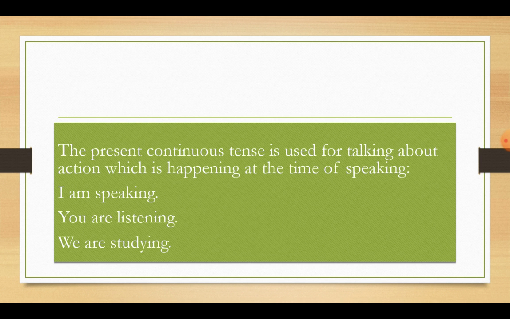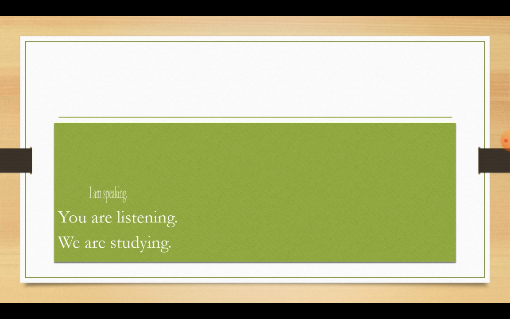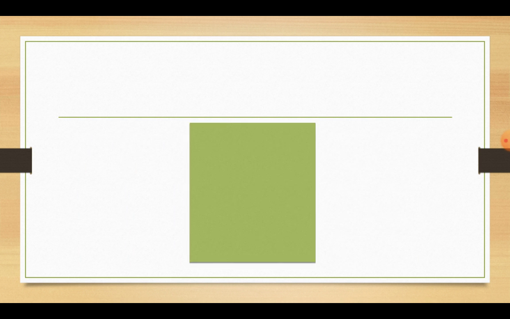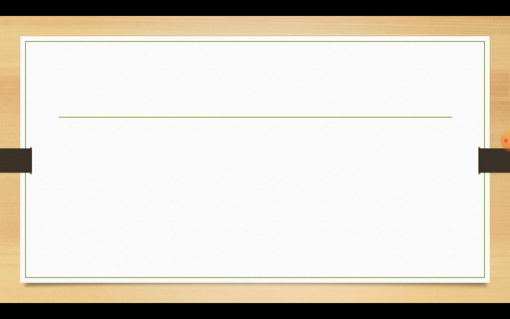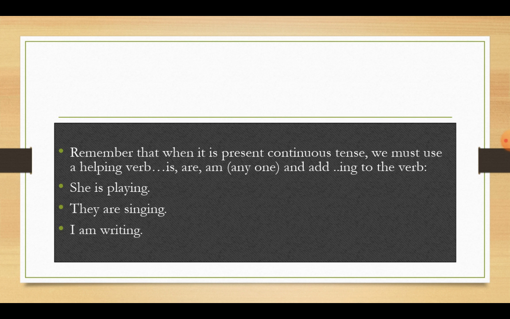I am speaking. What is happening right now? You are listening. What is happening right now? We are studying. So I am speaking, you are listening, and we are studying. Okay. So this is what we mean by present continuous. It is happening now, isn't it? That's why we say present continuous.